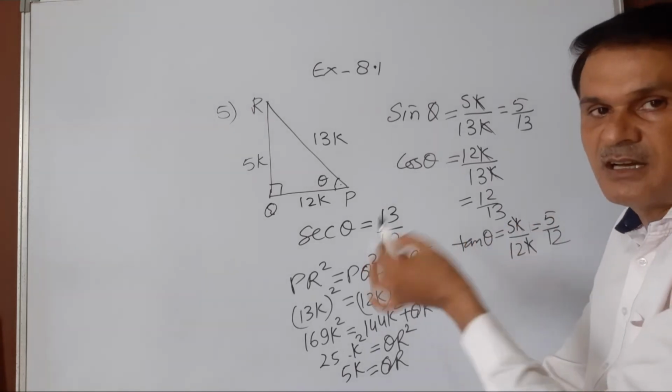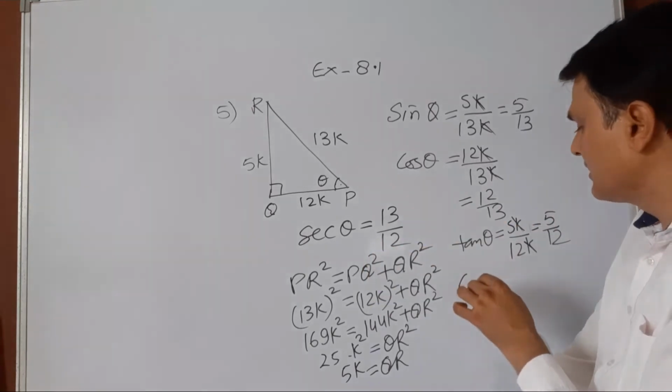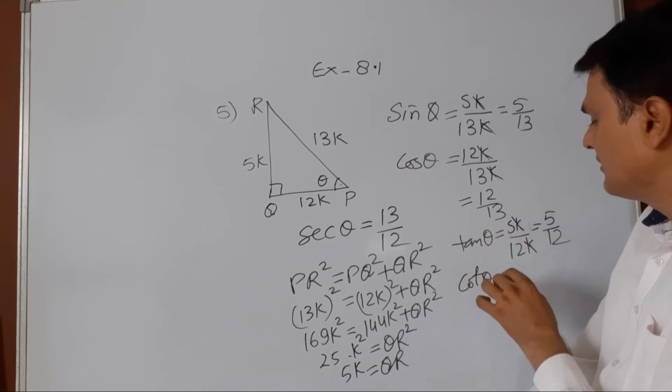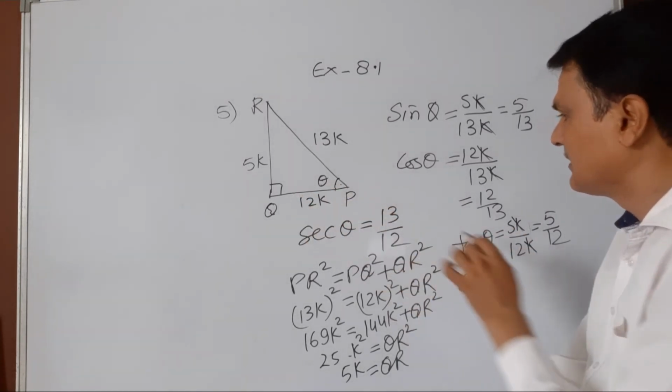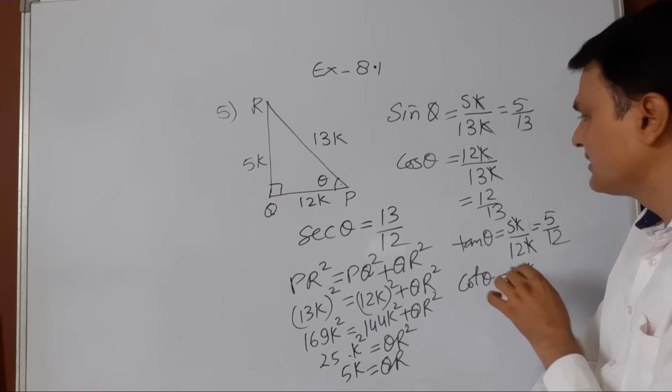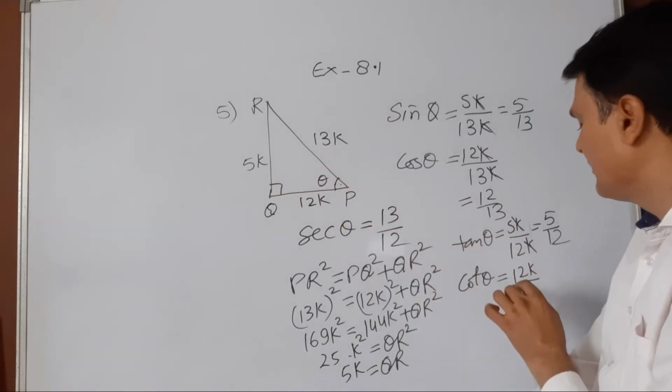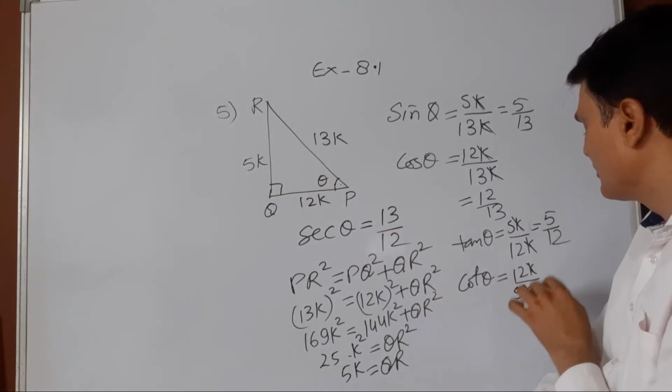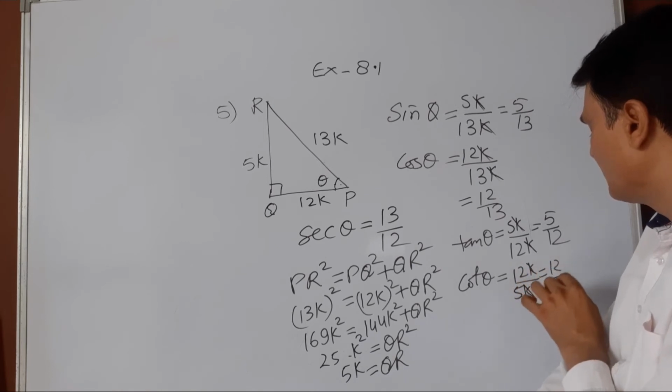And sec theta is already given. Cot theta equals the side next to theta, that is 12K, upon the side opposite to theta, 5K. We cancel out K to get 12 upon 5.